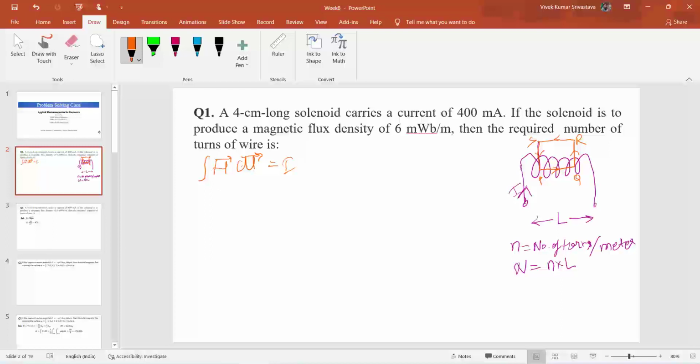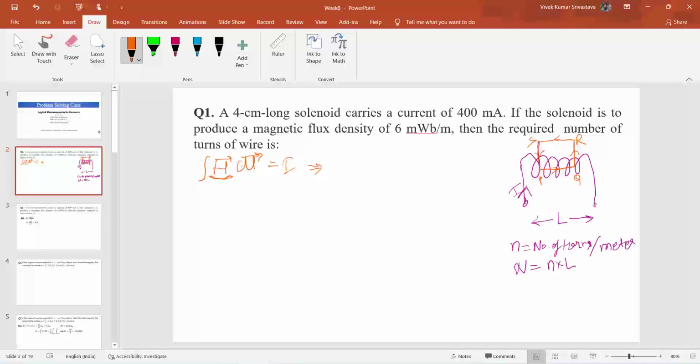So we will use this Ampere's circuital law for determining the magnetic flux density inside this solenoid. As the question asks for magnetic flux density, I will replace the magnetic field intensity in terms of magnetic flux density, so that we can directly use this formula for determining the number of turns.